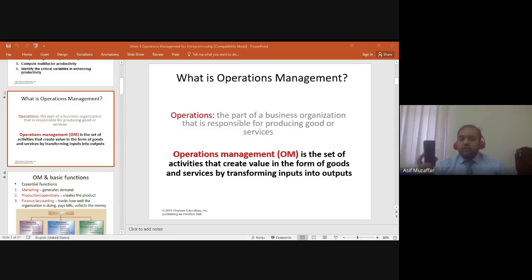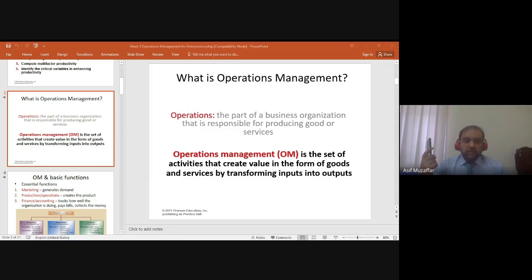Whereas service, inside this mobile phone, we have a Wi-Fi connection, or the SIM is provided by Omantel. Can I see the signals of Omantel here in the room? No, nobody can. It's virtual, but it is there. Such kind of things are called services. So whether your business is about a product or services, you need to manage their operations.